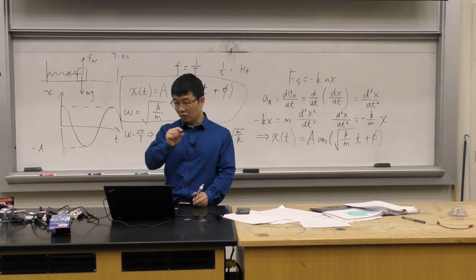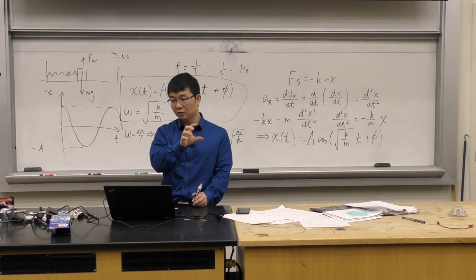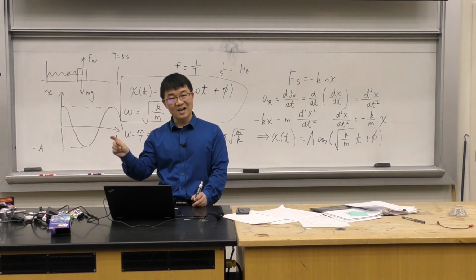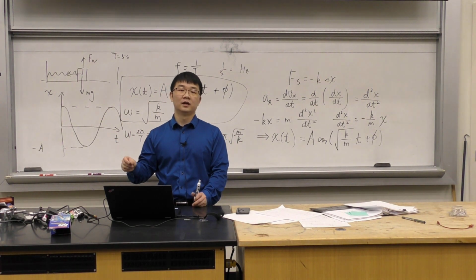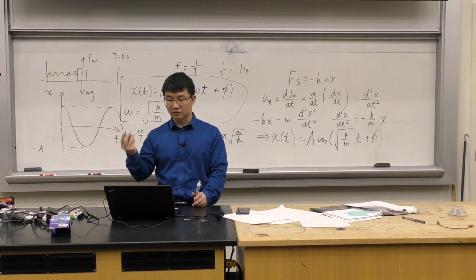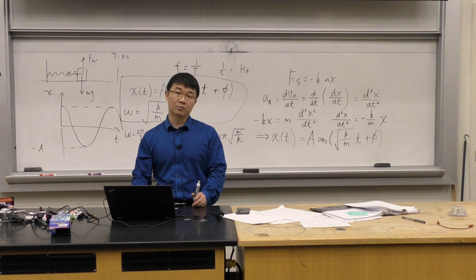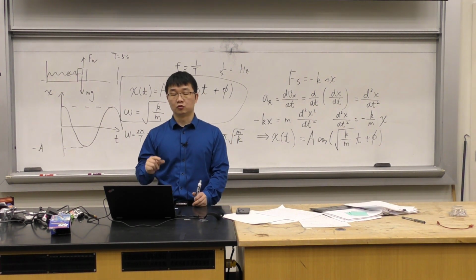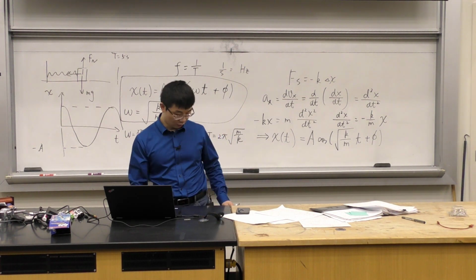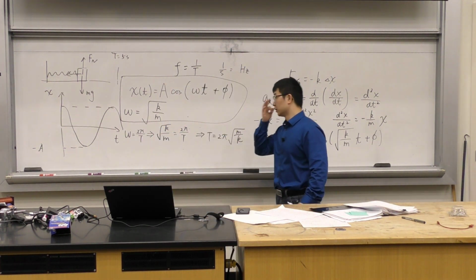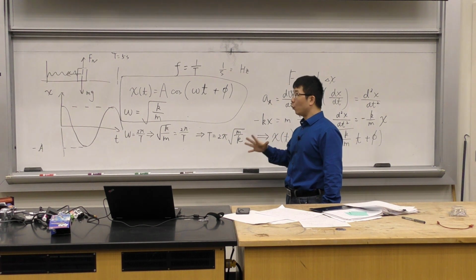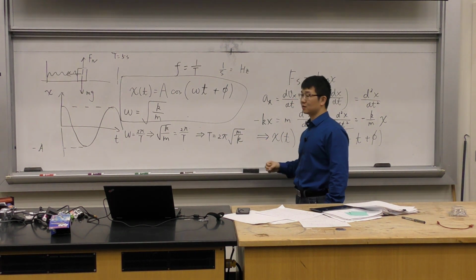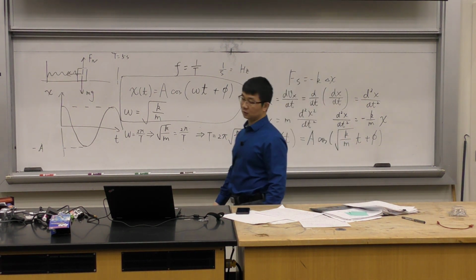So that's why at the end, the period doesn't depend on the amplitude. But again, you should be careful. Don't trust your intuition. Always trust math, okay? Your intuition is not always going to lead you to the right answer. Math is more reliable, okay?